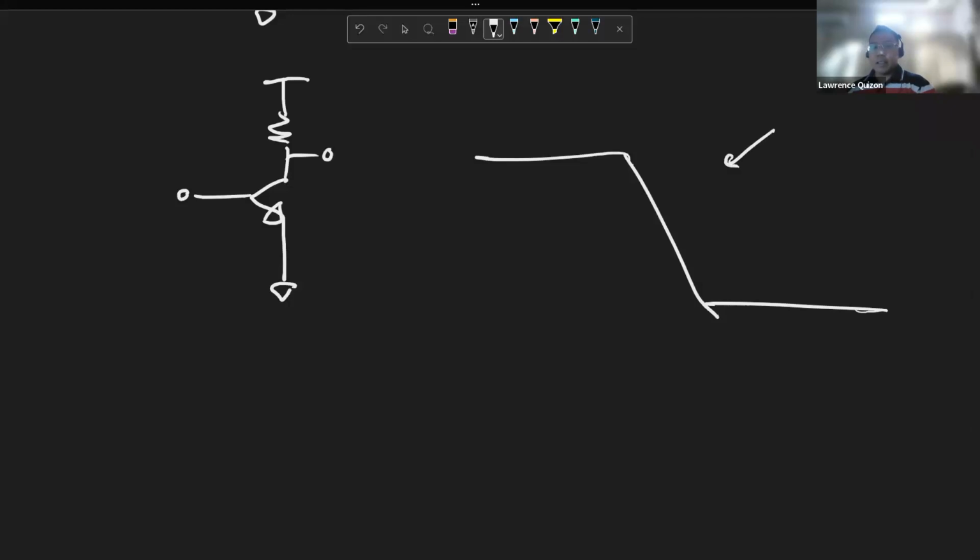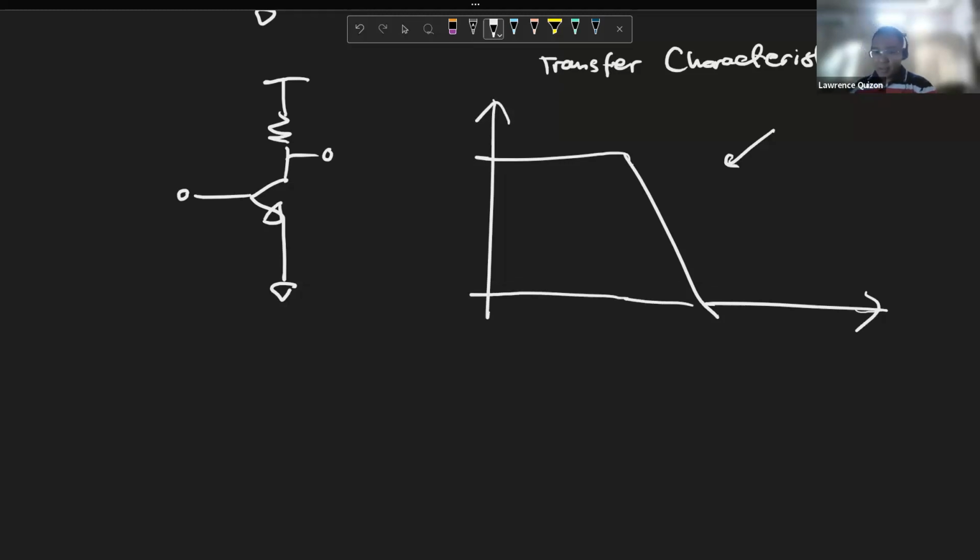In reality, it doesn't actually look like this. So, this is your transfer characteristic. I dare say that this is not what it actually looks like. It actually looks somewhat different.